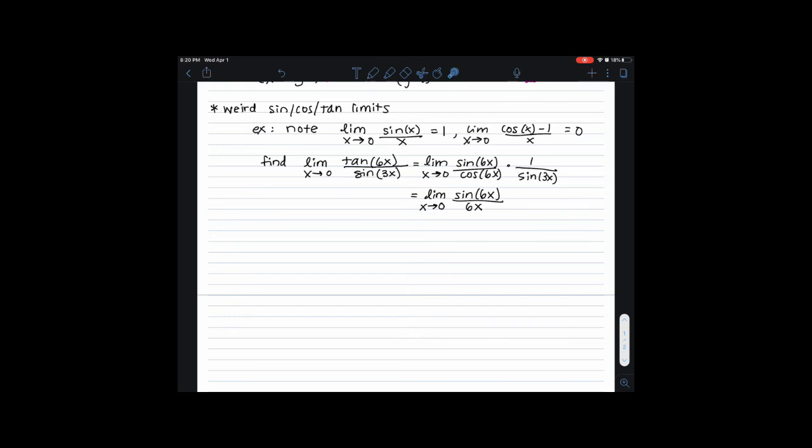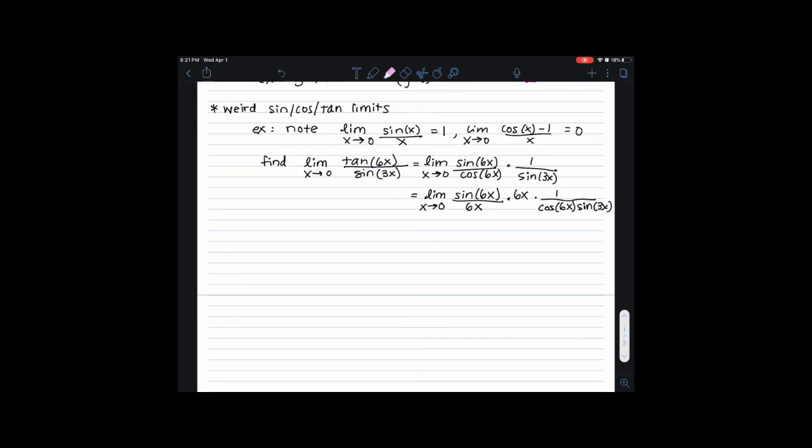But if I'm going to divide by 6x here, I need to be multiplying by 6x in the top so that I'm really multiplying by 6x over 6x, which is just 1. So then I still have my 1 over cosine of 6x times sine of 3x, because these two denominator terms are just going to move down here.